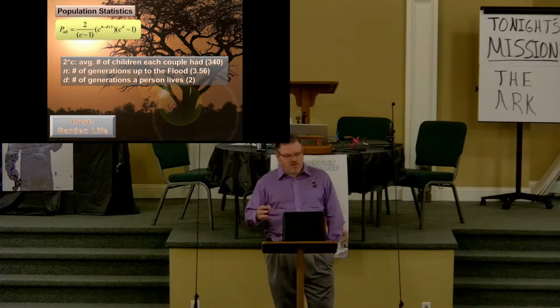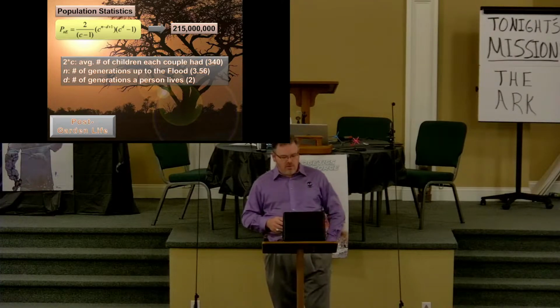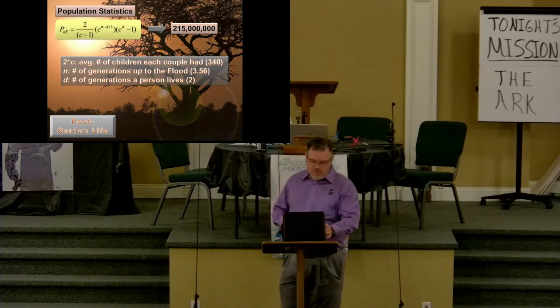So with these very conservative assumptions in place, we see that there could have likely easily been 215 million people on the planet, and that's really the low end of what it probably was. Very easily could have been 1 billion or more, and some commentators will even say that.